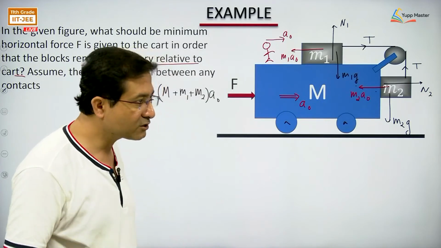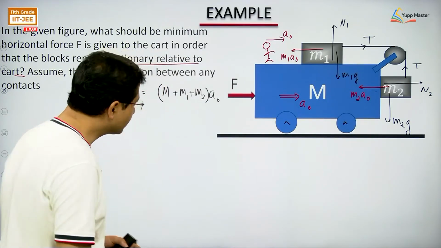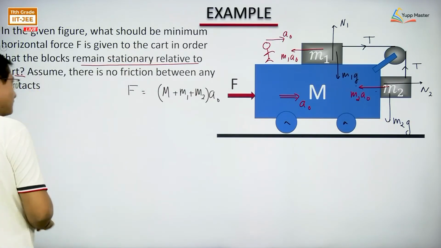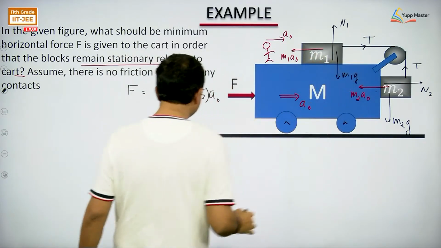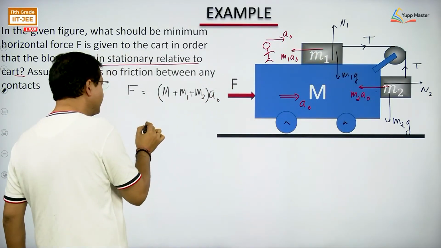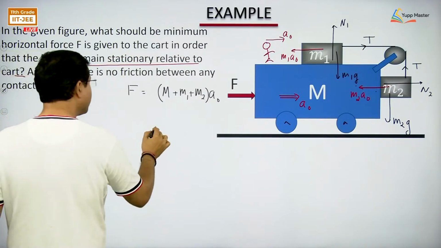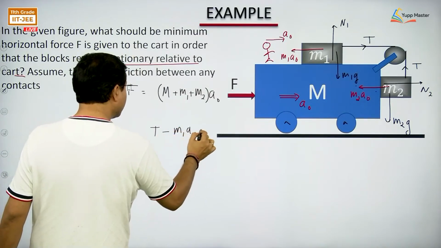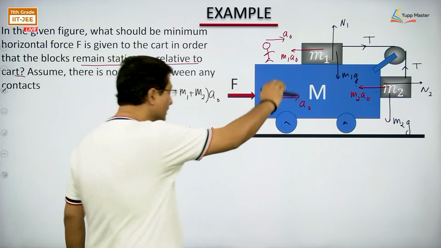So here, instead of writing all the equations, I'll write only those equations which are necessary. So for this block in this direction, he will write T minus M1 a naught is equal to 0, Newton's first law, in this direction.